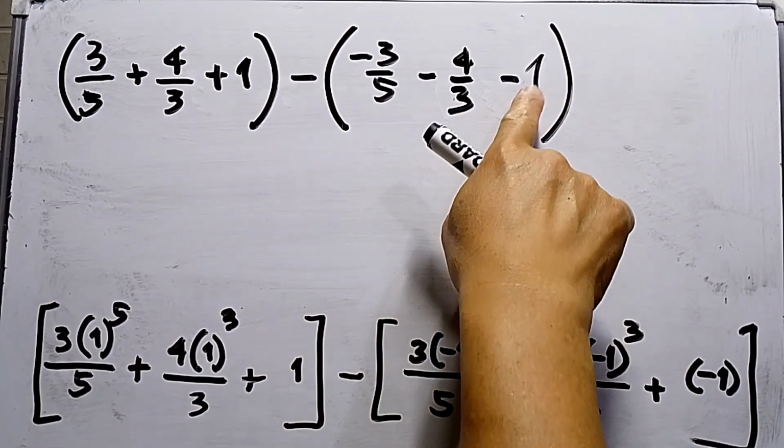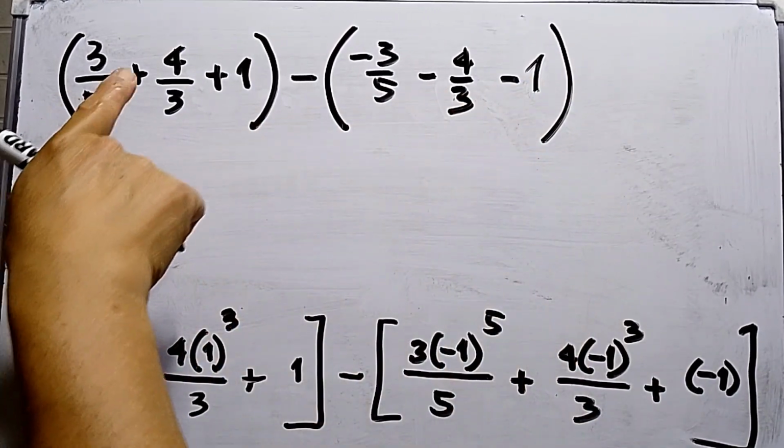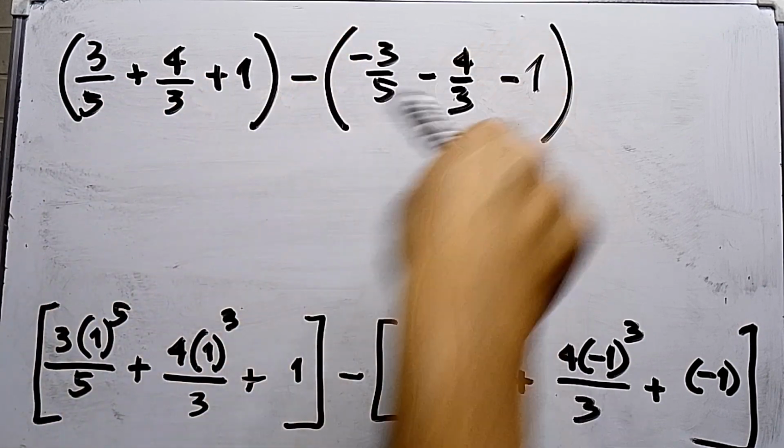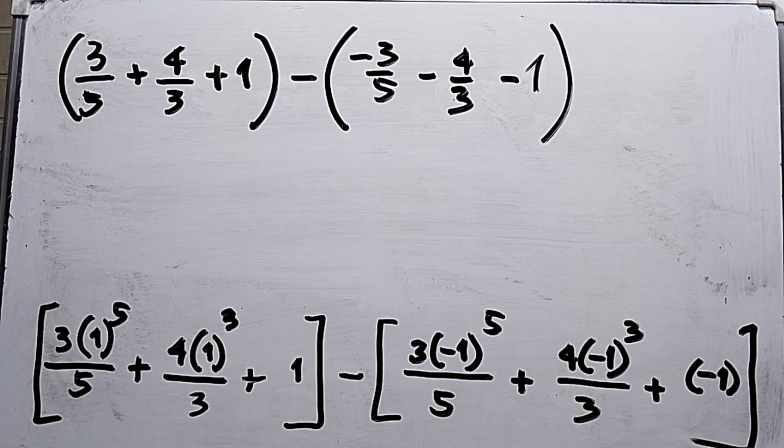Okay, negative 1. So 3 over 5 plus 4 over 3 plus 1 minus, in brackets, negative 3 over 5 minus 4 over 3 minus 1.